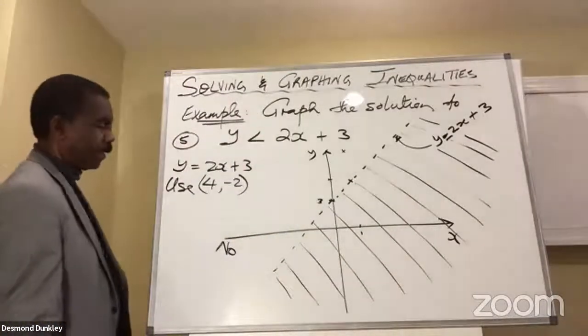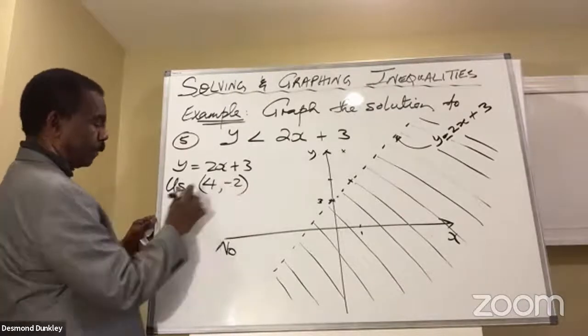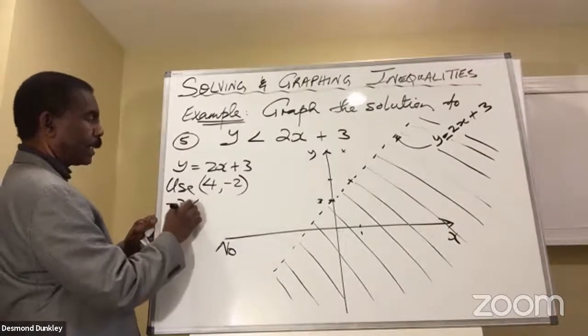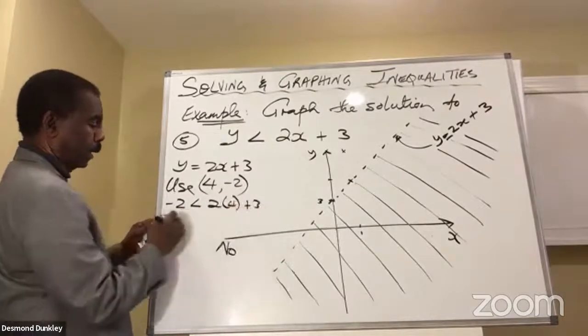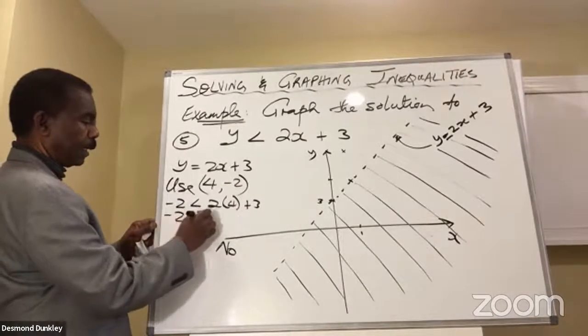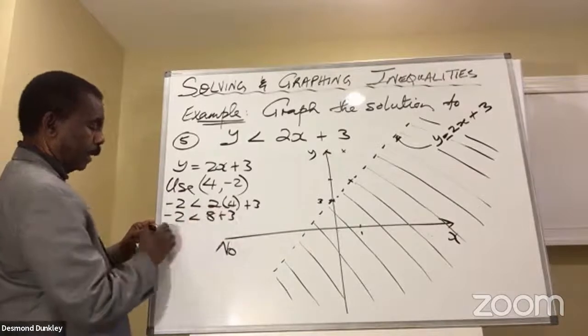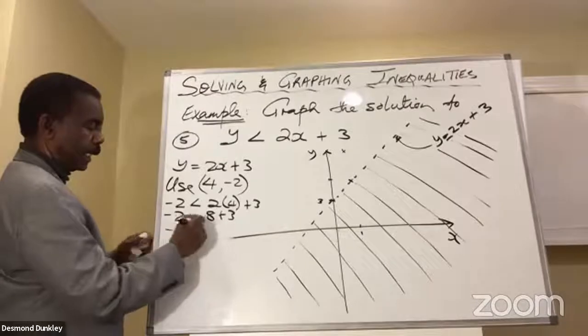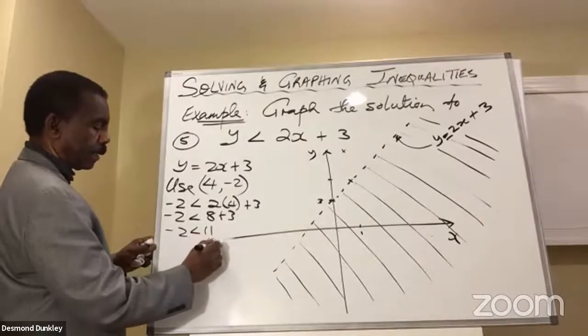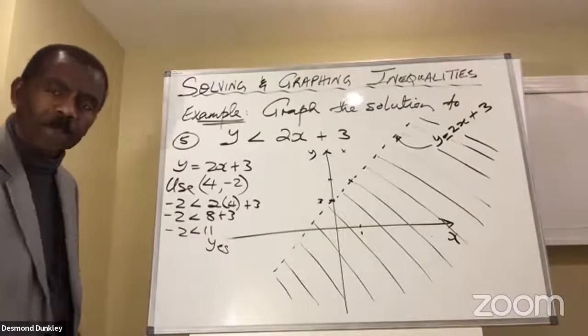Definitely in our area. So the y value is -2. Is -2 less than 2 times 4 plus 3? Is -2 less than 8 plus 3? Is -2 less than 11? Yes. So you see it works.